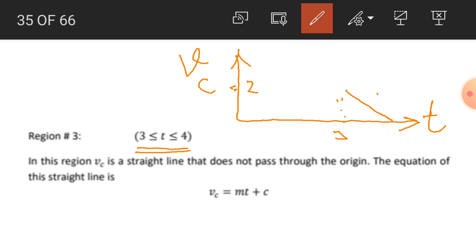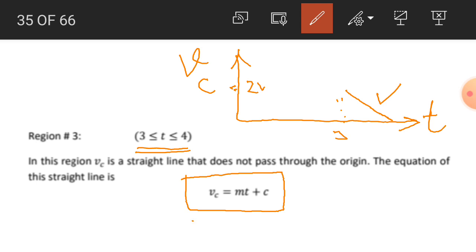So you see, we have got a straight line which does not pass through the origin in region number 3. So this is the equation of a straight line which does not pass through the origin.